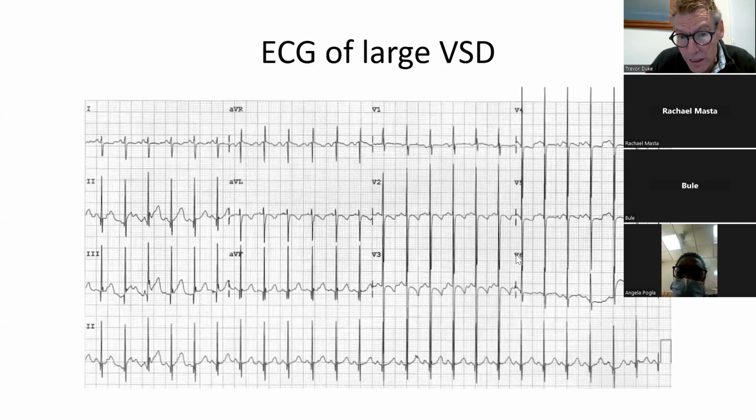Then we look at the chest leads to see if there's evidence of ventricular hypertrophy. Just eyeballing this, you can see that the S wave in V2 is rather large, 5, 10, 15, 20, 25. And the R wave in V5 is also quite large, 5, 10, 15, 20, 25.